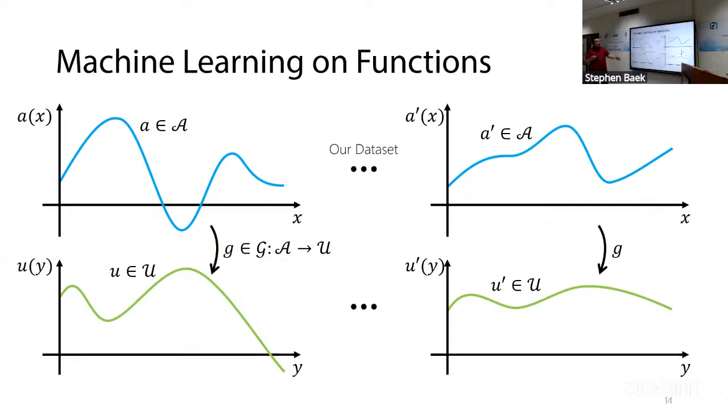So in 1D, now it's a curve to curve mapping. And the operator that we're interested in learning, the operator G, is basically the mapping rule from one curve to a different curve.